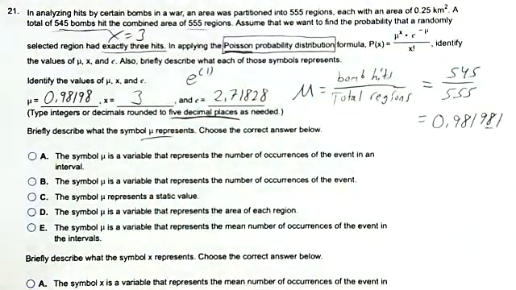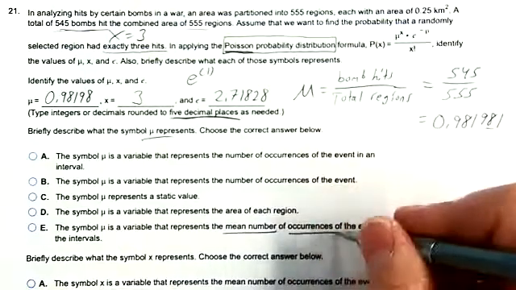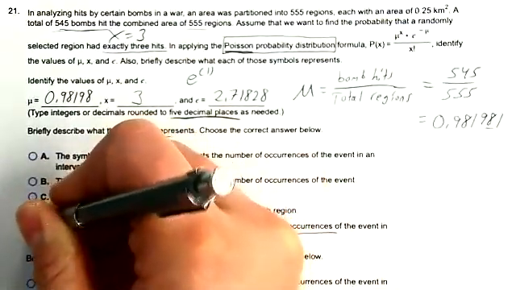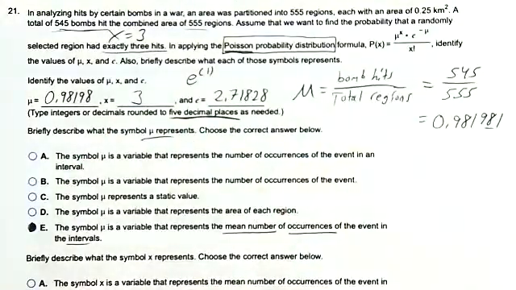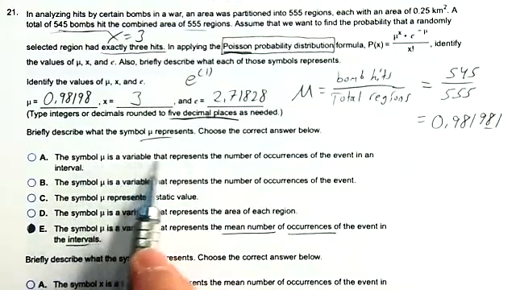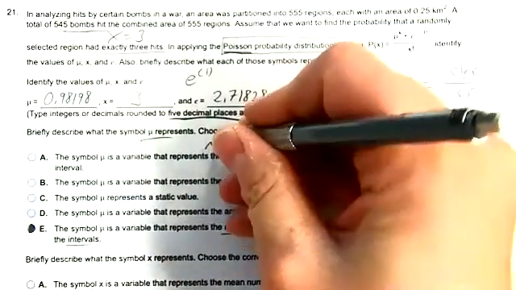Well, mu in this case is the variable that represents the mean number of occurrences in whatever interval we're looking at. So we can just jump down here to the answer E. A is wrong because they forgot the word mean right here.